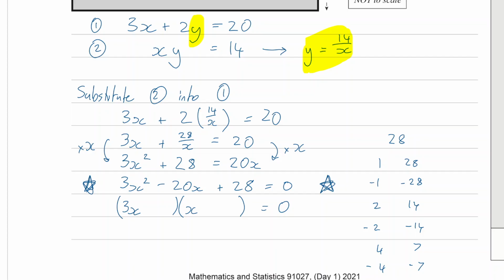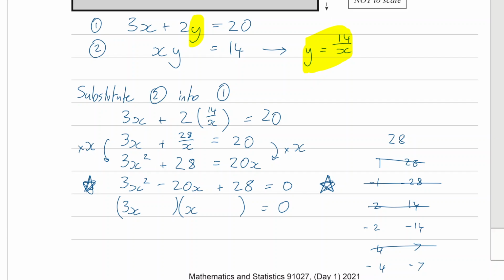So let's just have a think what could make sense. 1 and 28, if that was 28, 3x times 28 is too high of a number. So we can eliminate those two. Which narrows it down. We need this to be negative, so it can't be either of those positive options. And so we're left with two options.